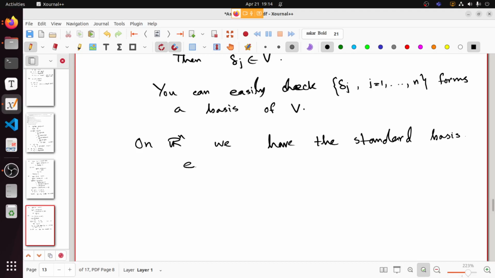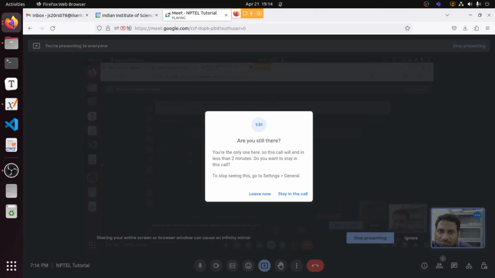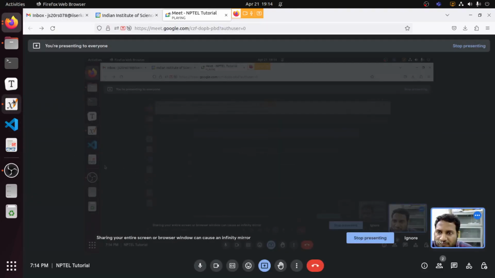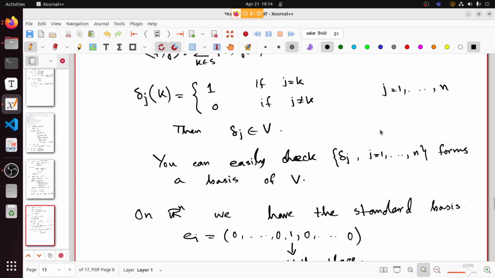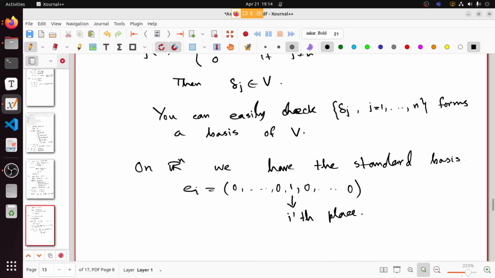These are the e_i, right? 0 0 0 0 1 0 0 0 0 with 1 in the ith place. So these are e_i, for i equals 1 to n, and again these are j equals 1 to n.